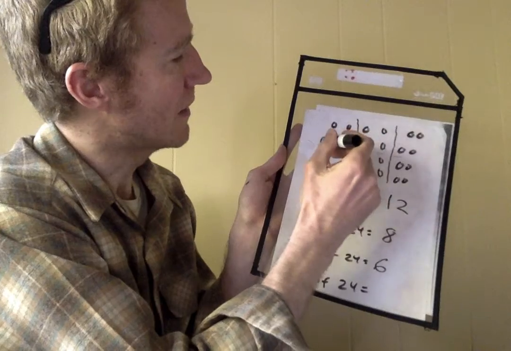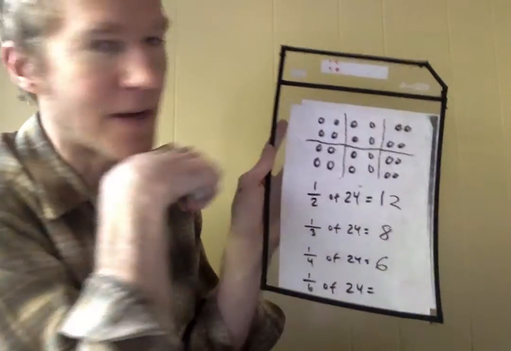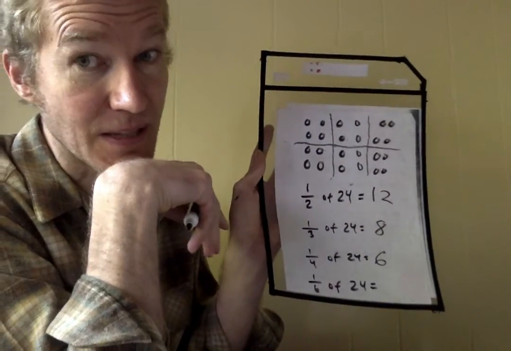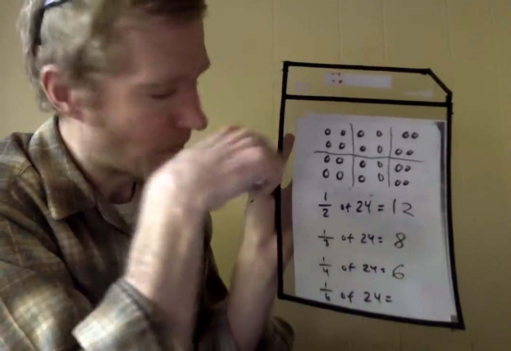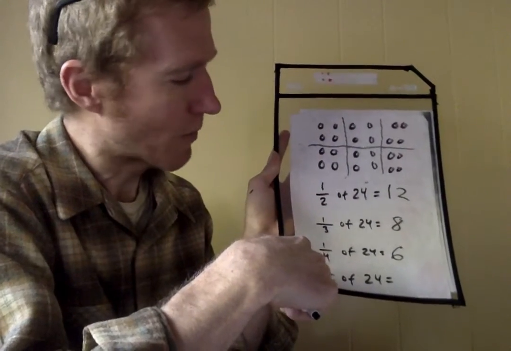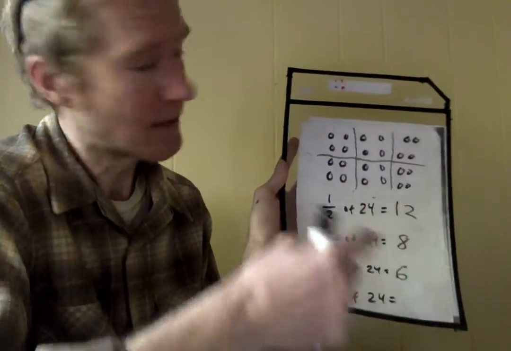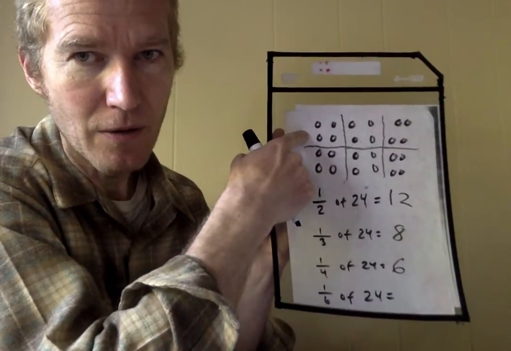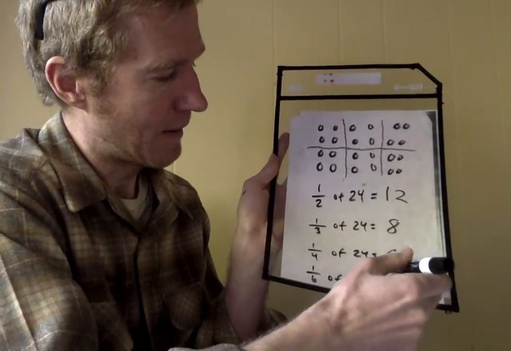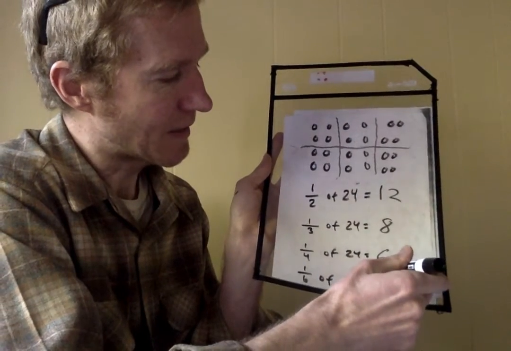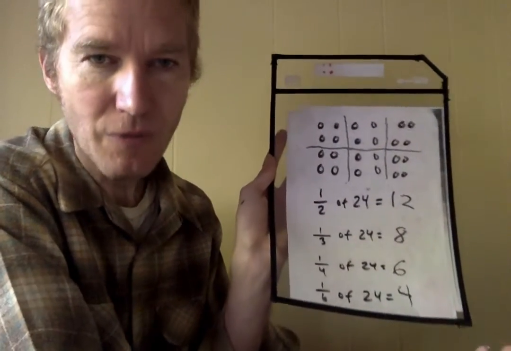And I'm going to cut it all into half. Now I've got 6 equal pieces. 1/6 of 24 is, well, I've got 6 pieces. Just look at how much is in one of those pieces. Ding, right here. 4. 1/6 of 24 is 4.